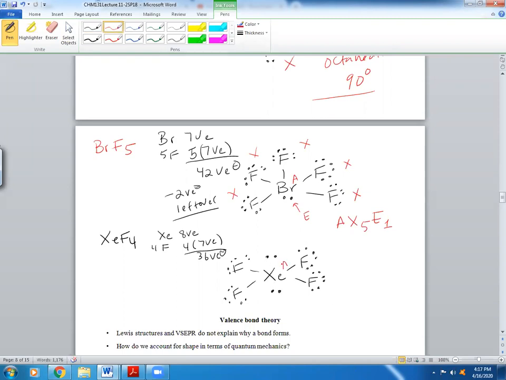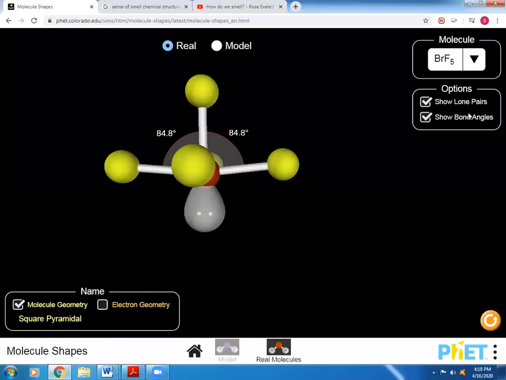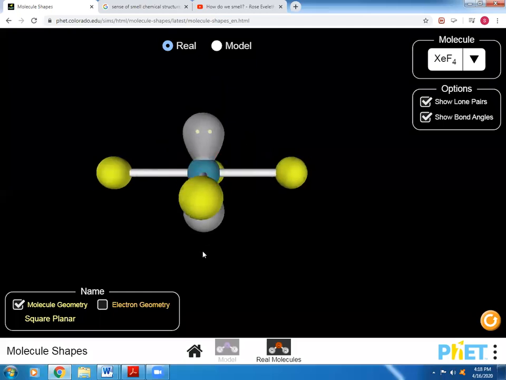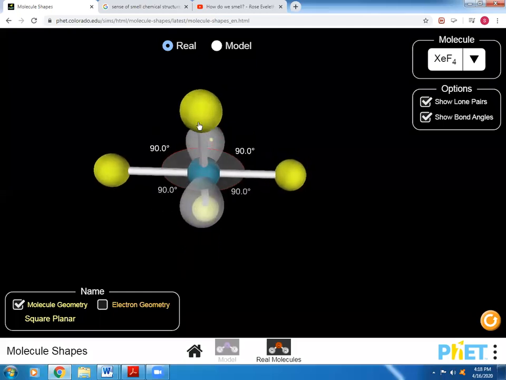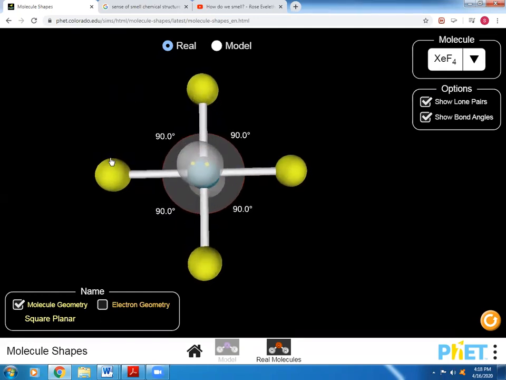This is going to be A, E, E, X, X, X, and X. So that's AX4E2, which is square planar. Why is it called square planar? Here's why. It's in the plane of the paper. Notice how flat it is. Those lone pairs are above and below, and it has a square base. That's a square right here.